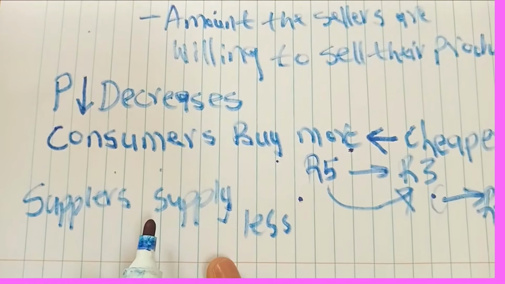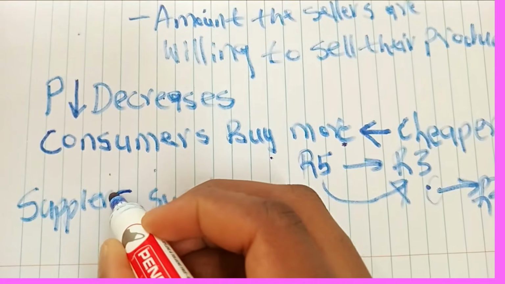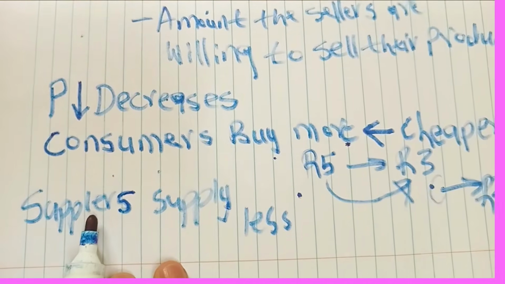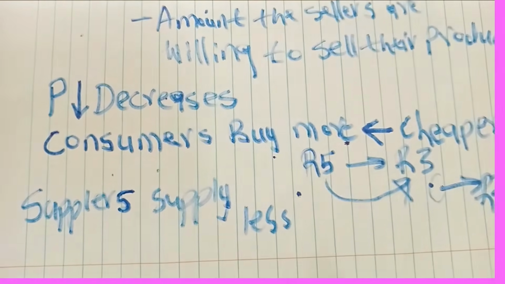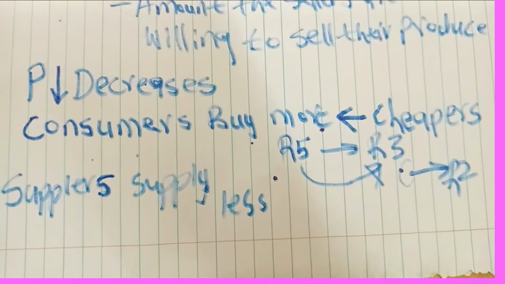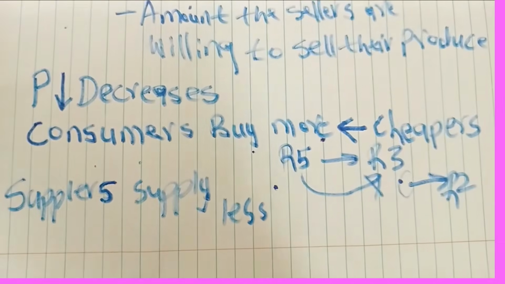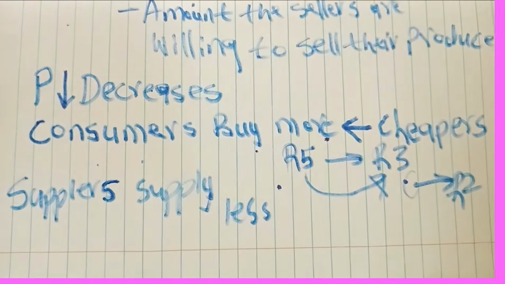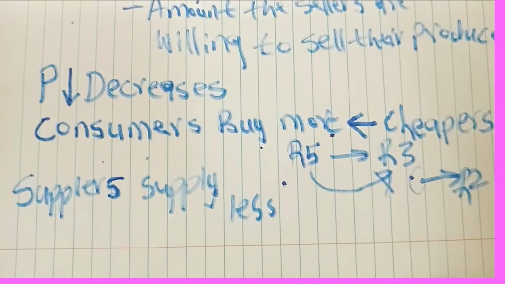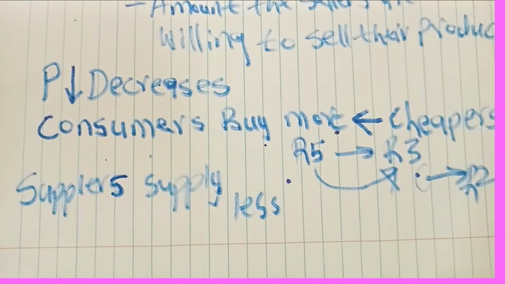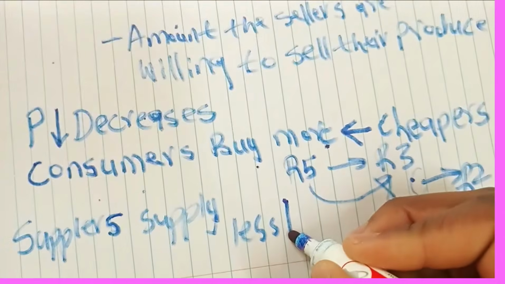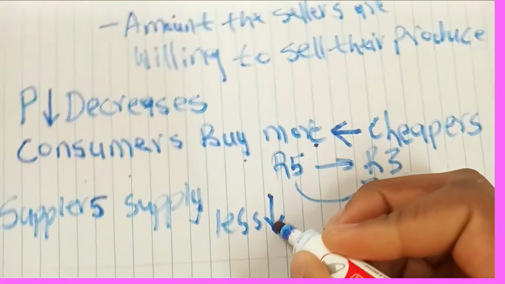They supply less because now the price is not attractive, meaning they will retain some of their goods and wait for the price to increase again. Maybe in the future when the price goes up, then they will sell more. But now because the price is low, they will decrease their supply.